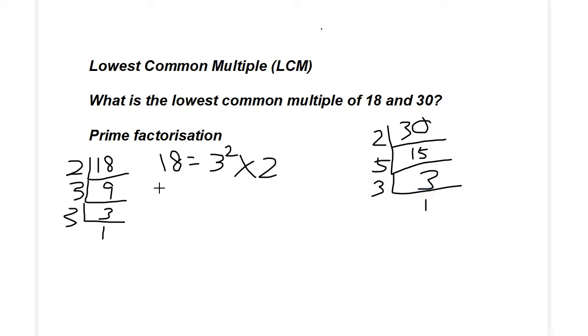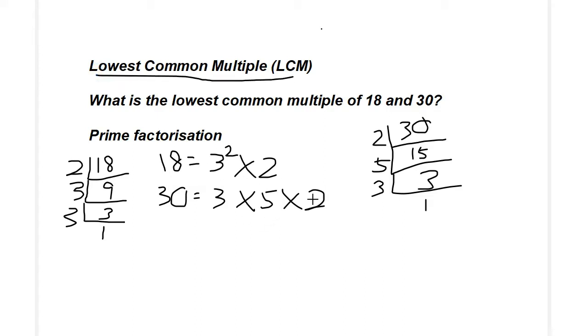Right, so we can say that 30 is equal to 3 times 5 times 2.